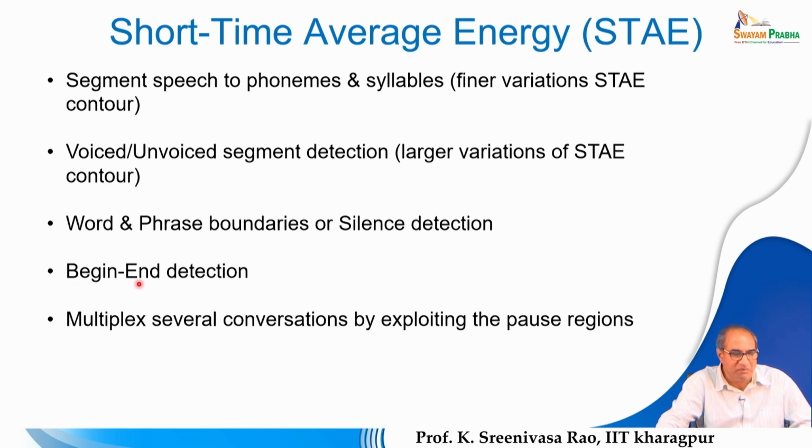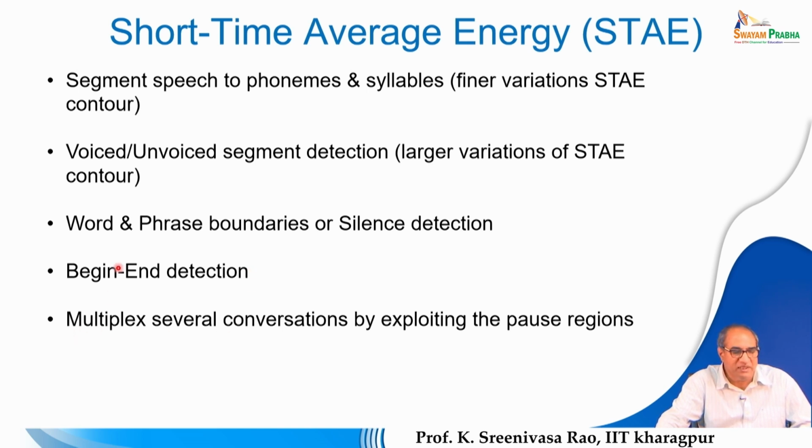Also, begin and end detection: when speaking, we usually allow a reasonable amount of pause at the beginning and at the end of a sentence. By properly analyzing the short term average energy contour, we can detect the beginning and end of speech utterances or sentences.